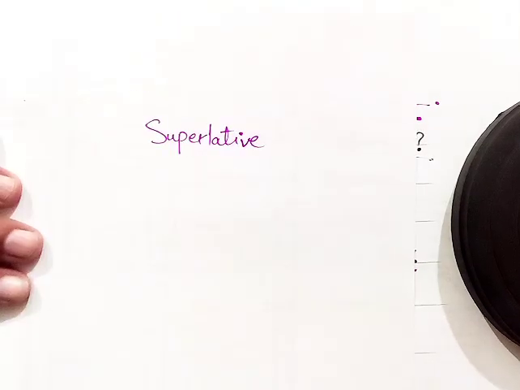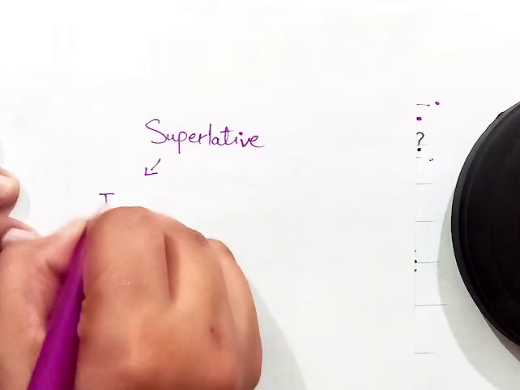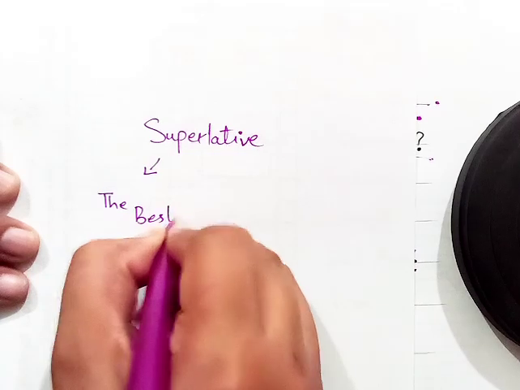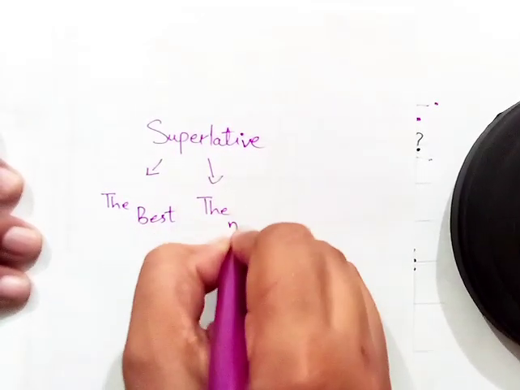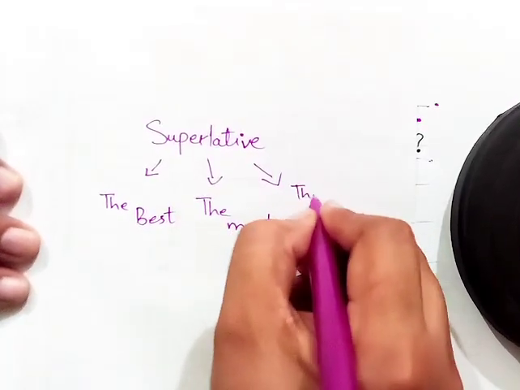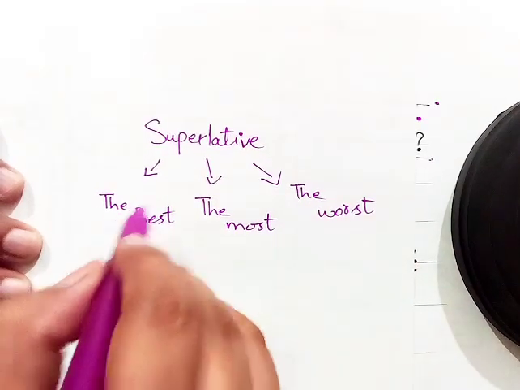Now, the rule for a superlative sentence is that it has words like the best, the most, the worst.